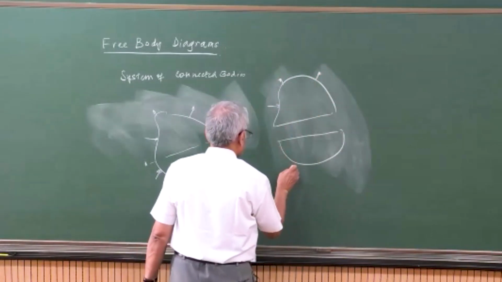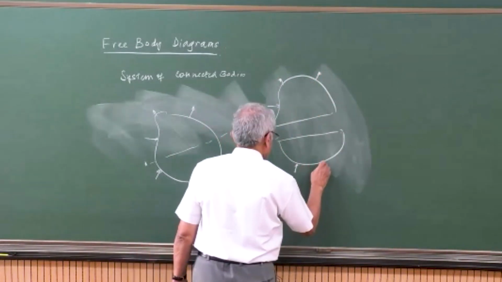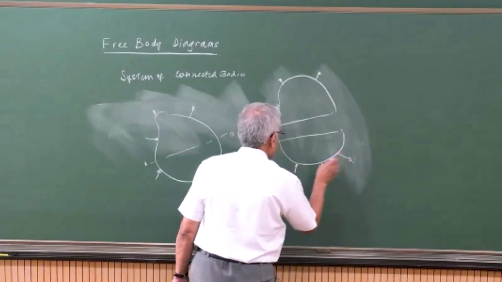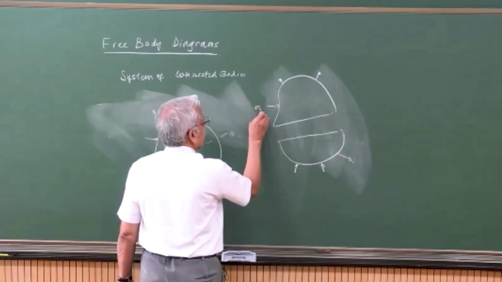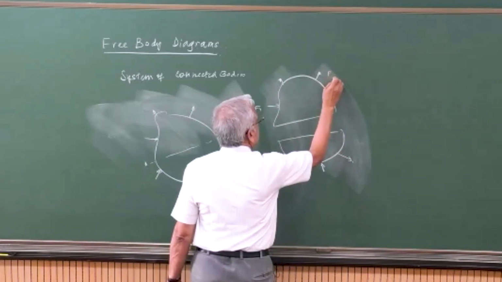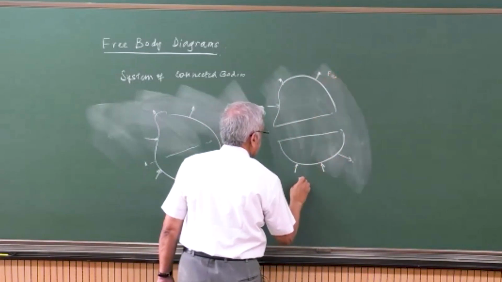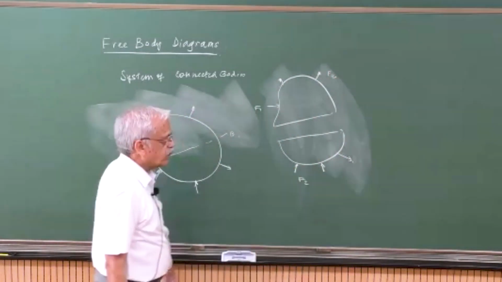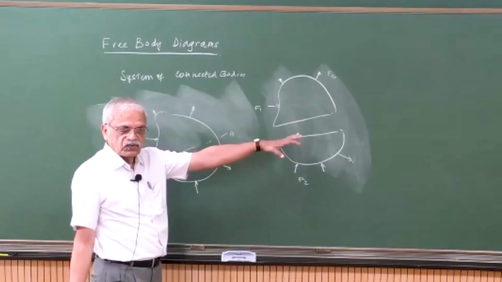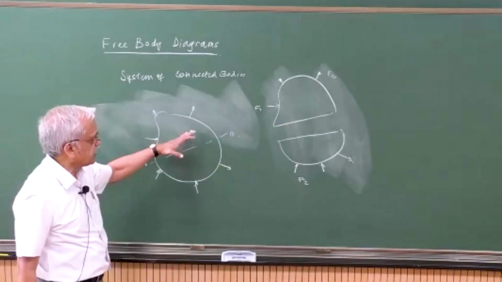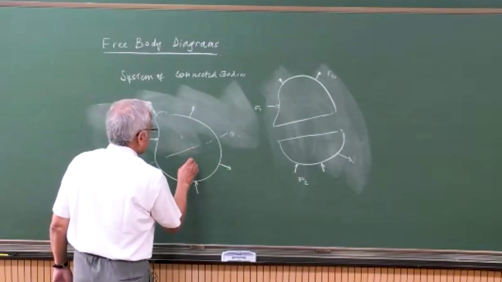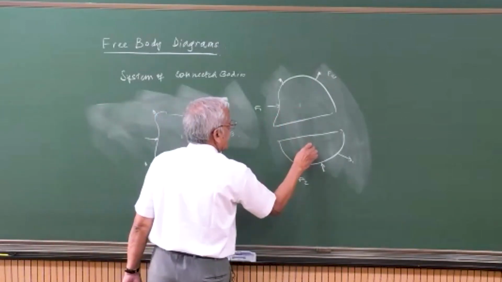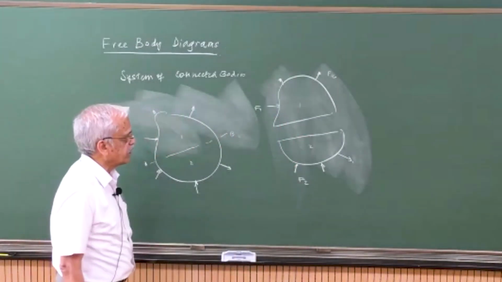This we discussed last time. I'm just repeating it, so you have F1, F2, and so on. By cutting, this is perfectly valid. Any part of it is part 1 and part 2, and each one of them is under equilibrium.